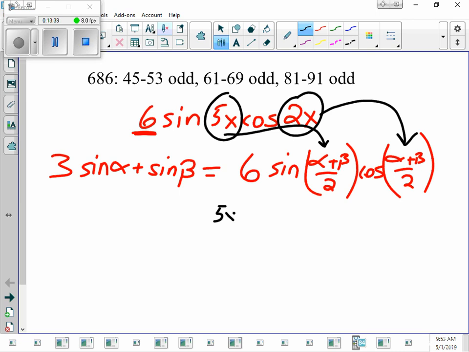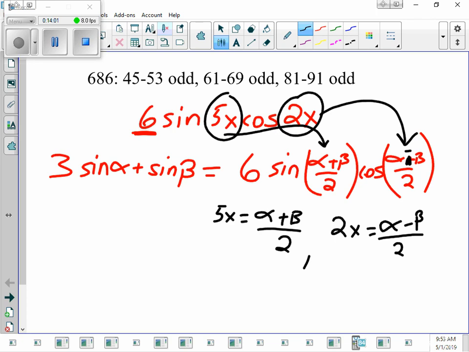So 5x is equal to alpha plus beta over 2, and 2x is equal to, oh, one of them's probably a minus, huh? Yeah, this one's a subtraction. Alpha minus beta over 2. Well, times both sides by 2. 4x equals alpha minus beta, and 10x is equal to alpha plus beta.